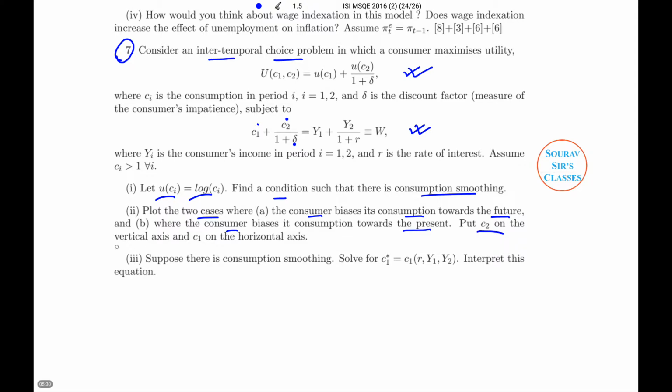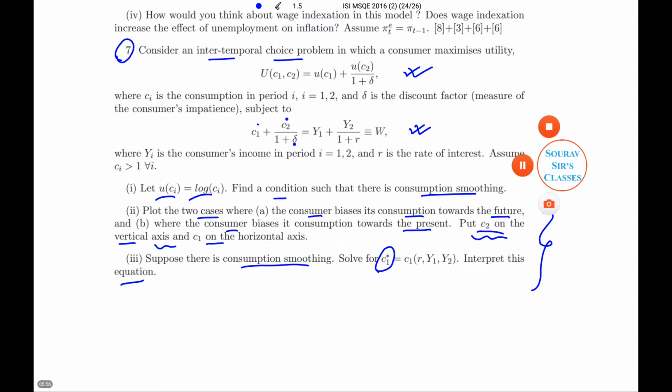Put C2 on the vertical and C1 on the horizontal axis. And the last part says, suppose that there is consumption smoothing. Solve for C1 star and interpret this equation. Okay, so we'll do both these together.